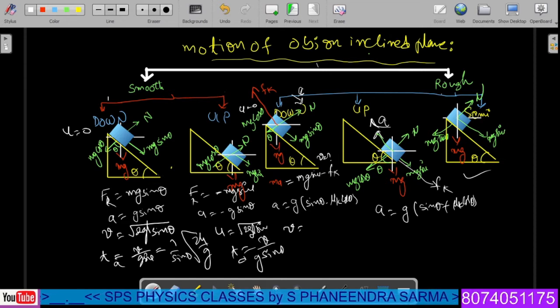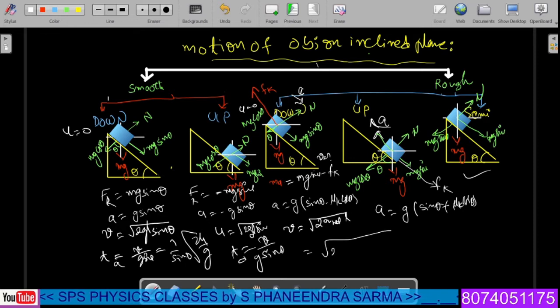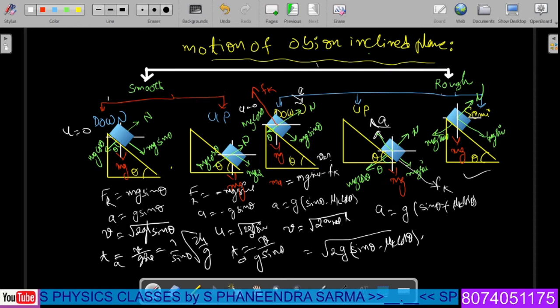The final velocity upon reaching the bottom is equal to under root of 2 into a net into L, which is equal to root of 2g into sin theta minus mu k cos theta into L.